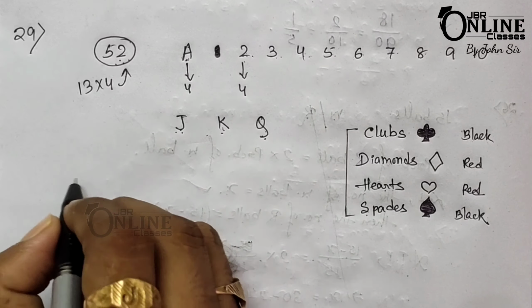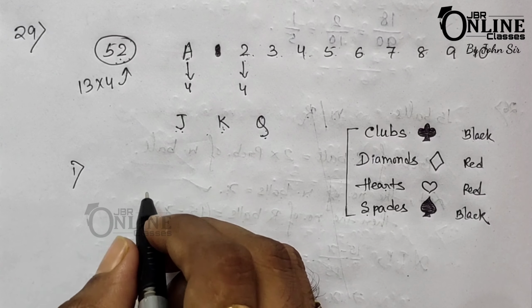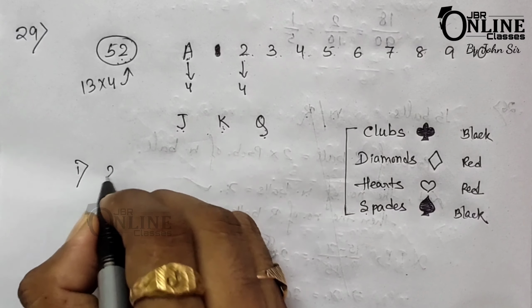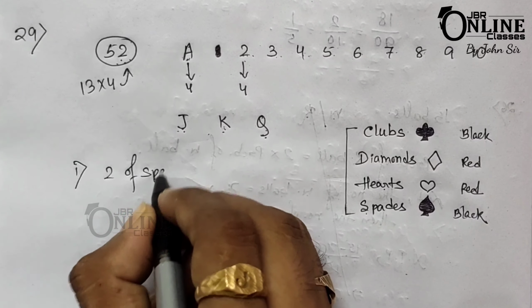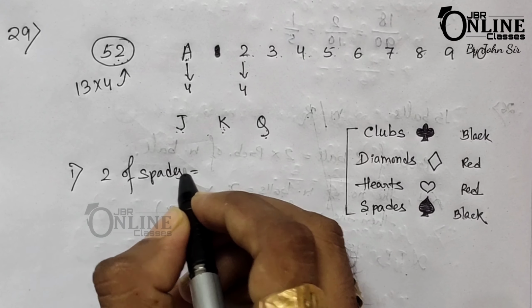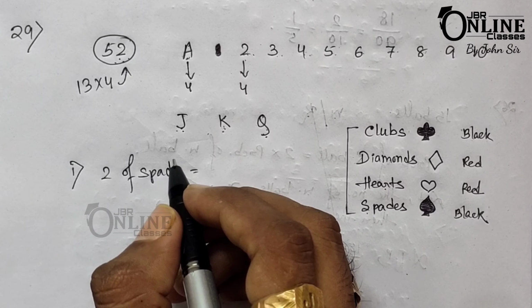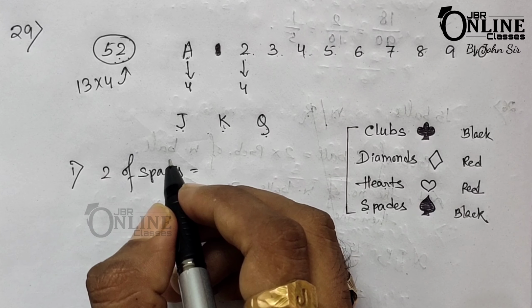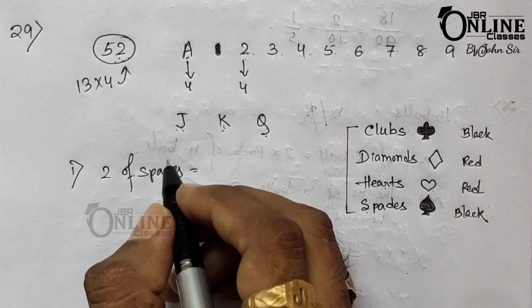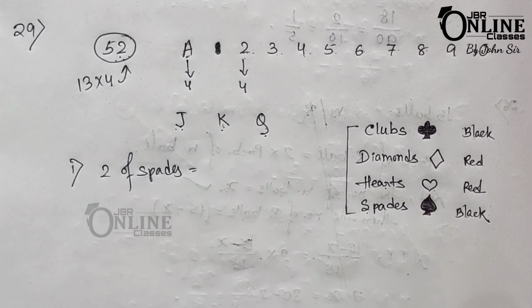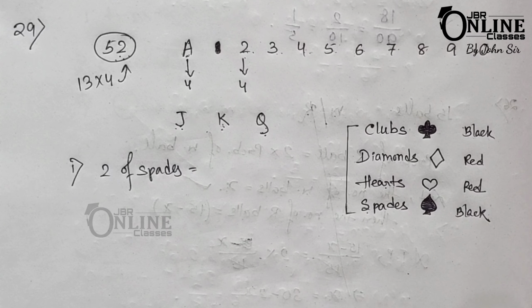Now first one, find the probability of the 2 of spades. To find the probability of the 2 of spades, first you have to know how many 2 of spades are there.